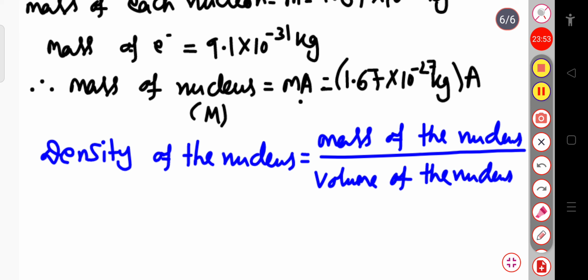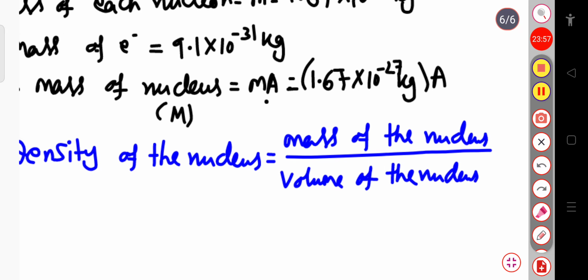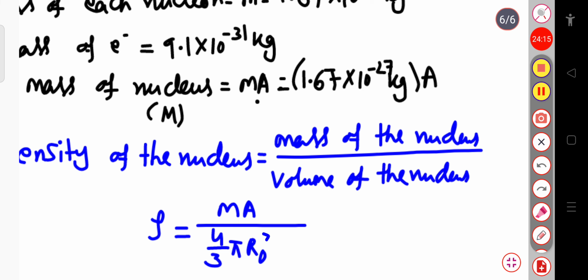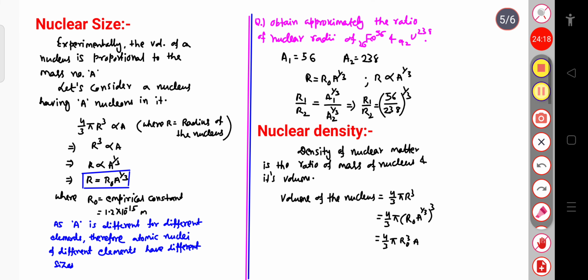Now if I put this value, that is the mass of the nucleus, and denote this density as rho, so rho is equal to mass, which is m into A, divided by the volume, which is 4 by 3 pi R naught cube into A. You can see from this relation we have calculated the volume of the nucleus is 4 by 3 pi R naught cube into A. So simply here I have substituted the volume of the nucleus.